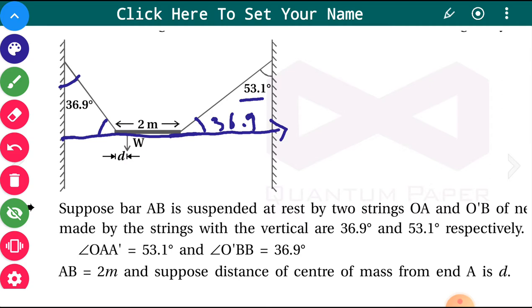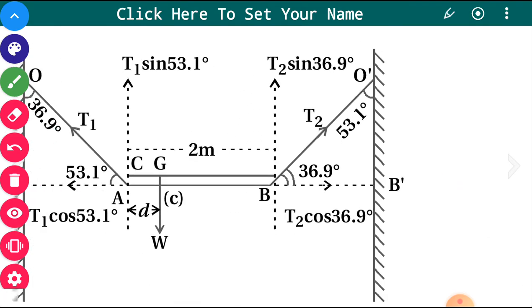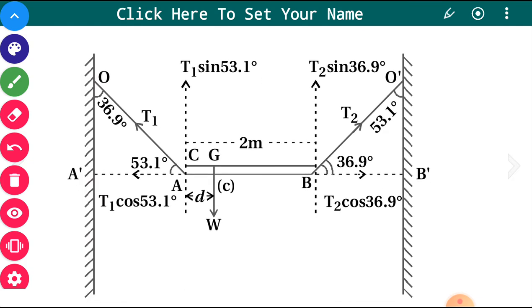Okay, so this is very clear. Now the tensions which are produced here are denoted as T1 and T2 and their components are taken. Okay, so this figure now you can understand easily.